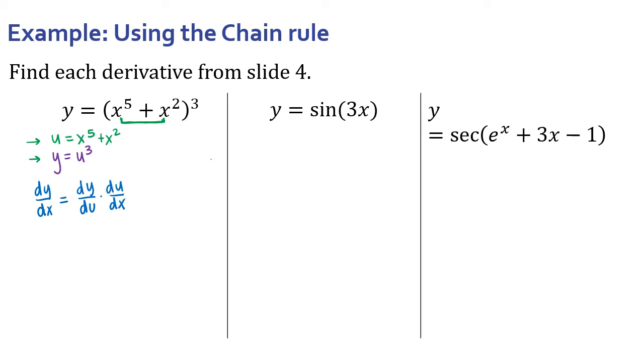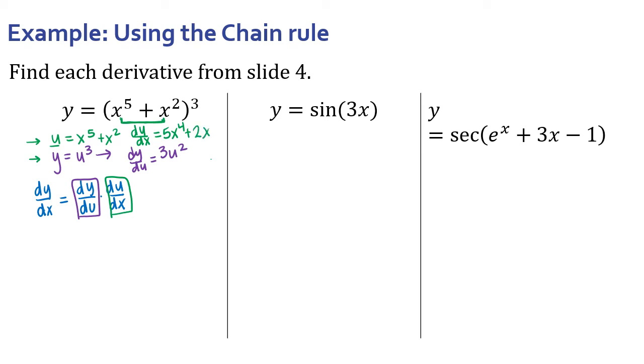Okay, so this piece is finding this derivative with respect to u, so that's going to be 3. Let's write that out. So dy over du equals 3u squared. This piece is finding the derivative of this function with respect to x. So the derivative of that formula u with respect to x is going to be 5x to the 4th plus 2x.